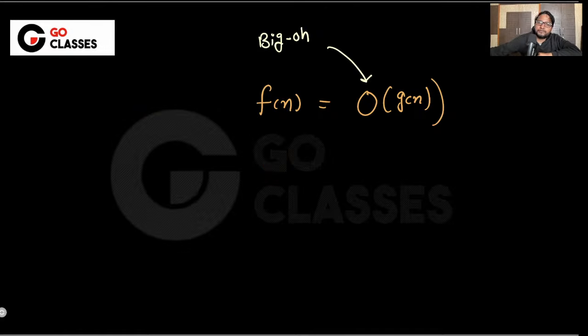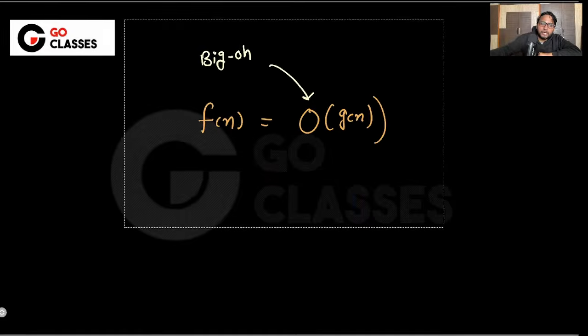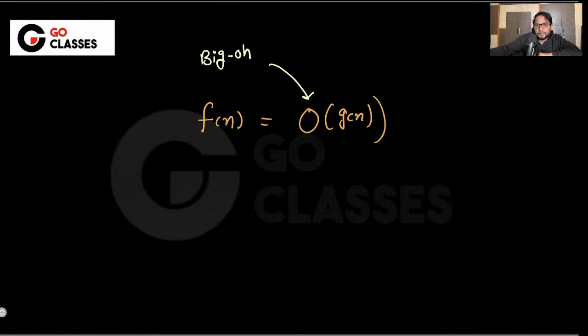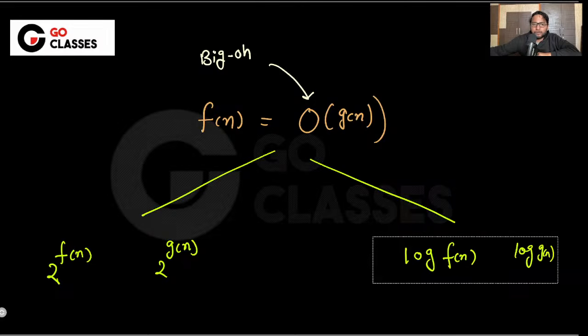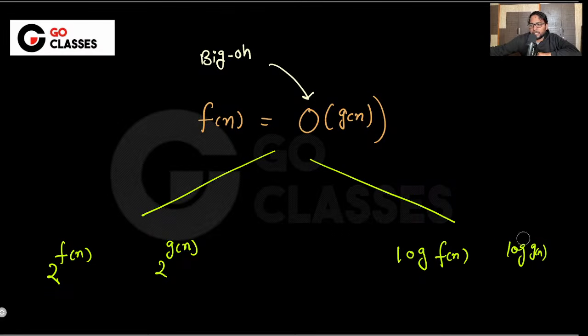This basically means that if I ask you about 2 power Fn and 2 power Gn, or log Fn and log Gn, then what do you think? What should be the conclusion here if this is big O?